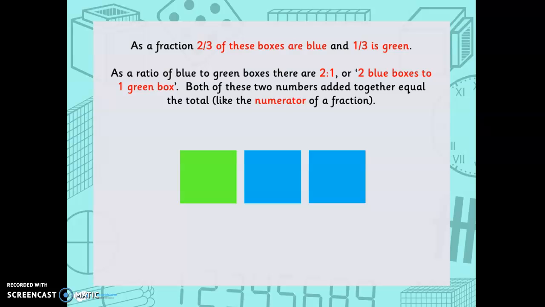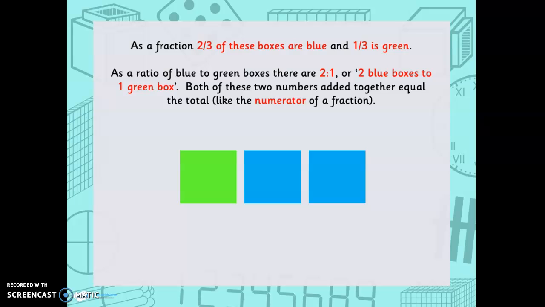As a ratio, you would write the 2 of them being blue, with a colon, a dot over another dot. 2 are blue and 1 is green. So there are 2 blue boxes to every 1 green box. So these 2 numbers added together give us the denominator in the fraction.